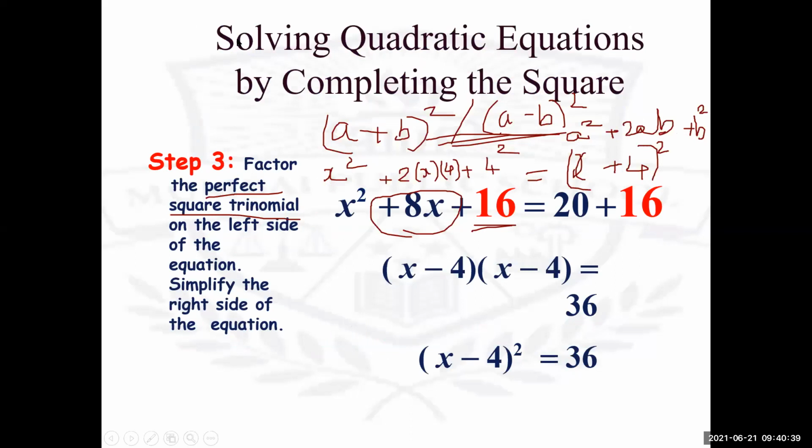So now x plus 4 the whole square is x plus 4 into x plus 4, the same way as 2 square is 2 into 2.